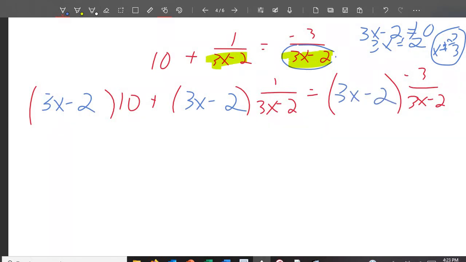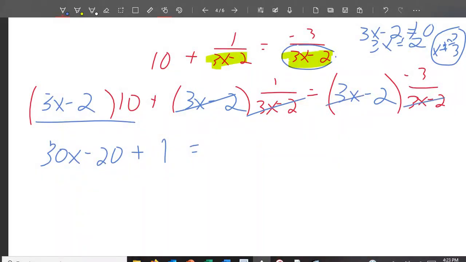And again, this first piece is just straight multiplication. 30x minus 20 plus 3x minus 2 crosses out, left with a 1. 3x minus 2's cross out, and we're left with a minus 3. Combining like terms, we'll get 30x minus 19 equals negative 3.